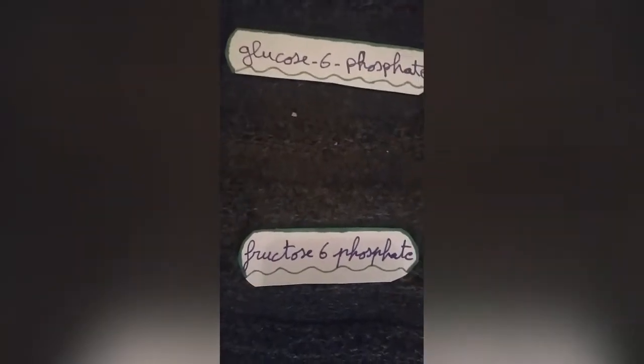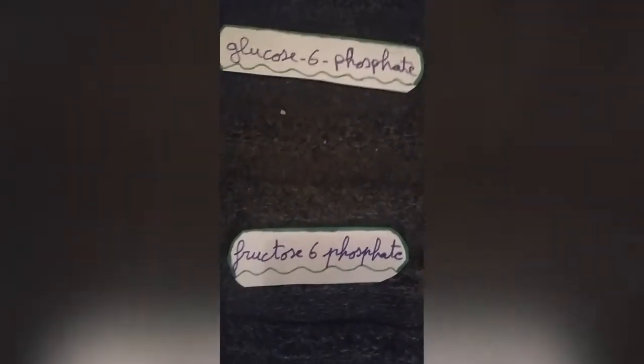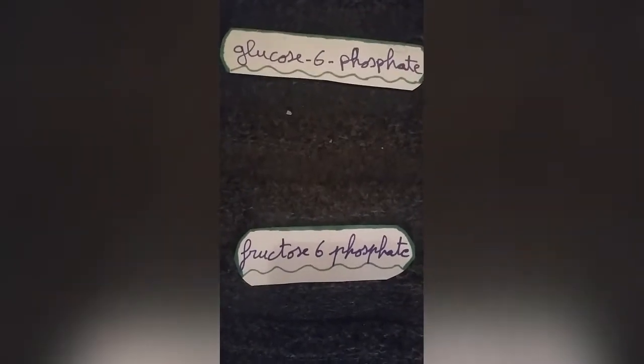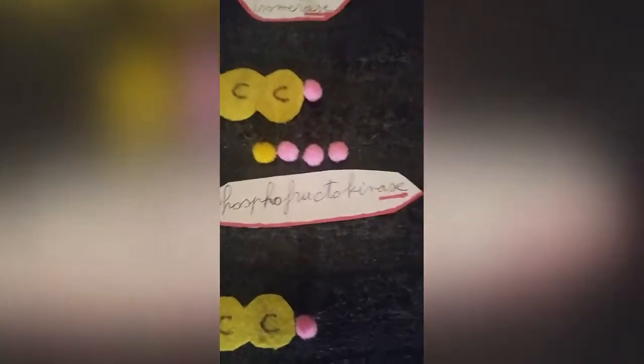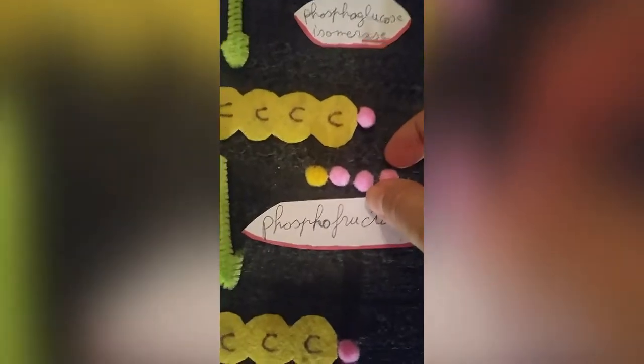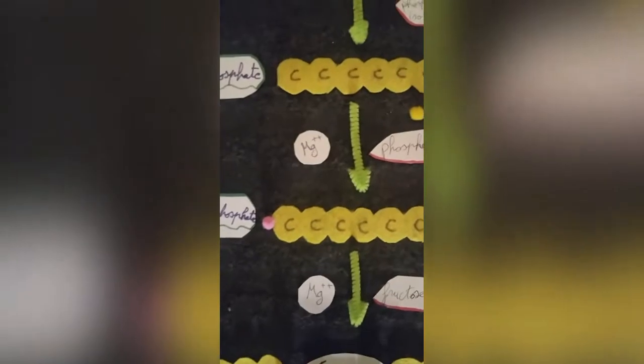Because it is more symmetric, so it prepares the glucose to be cleaved later into 2 identical halves. Then, using magnesium and phosphofructokinase, again we remove this phosphorus and add it to this molecule to obtain fructose 1,6-biphosphate. This is the end of part 1.